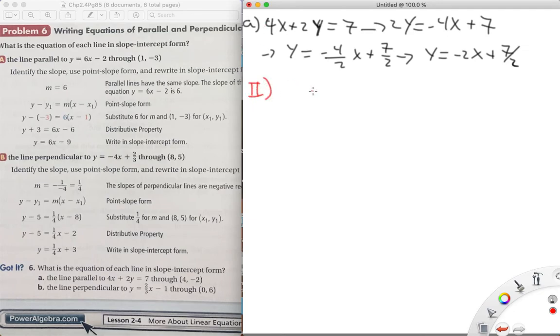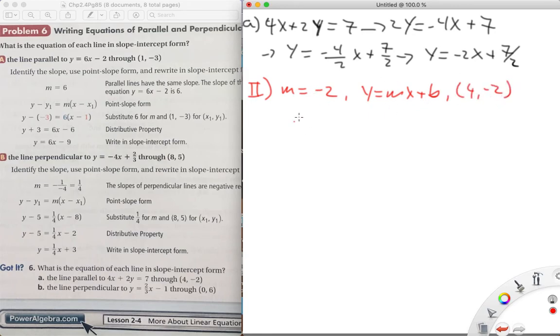Step 2, now that we have our slope, we can put it in slope-intercept form by substituting the points in. So slope-intercept form is y equals mx plus b. All right, and our point is 4, negative 2.